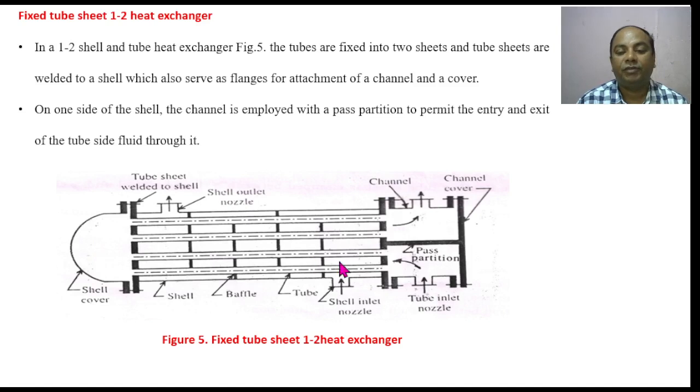The fluid that is entering from one side of the channel enters through the tube, and it finds no way to go out, and therefore it returns back into the tubes.